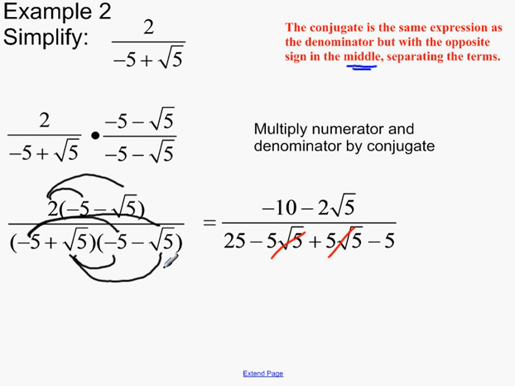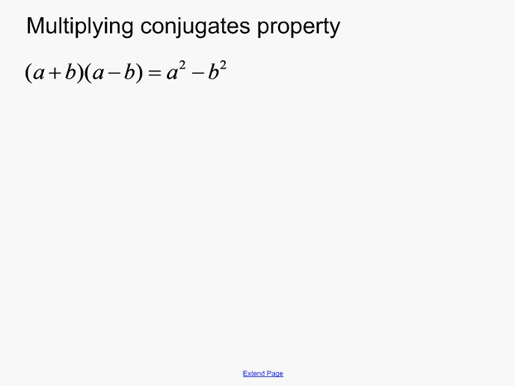And by the way, you might have noticed that that's what's going to happen when you multiply conjugates. So let me give you this rule before I forget. I have it in some slide over here. I believe it's right here. So the multiplying conjugates property.